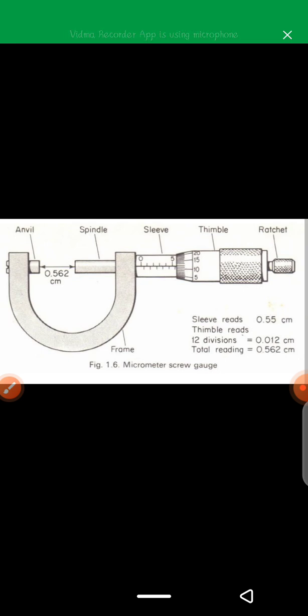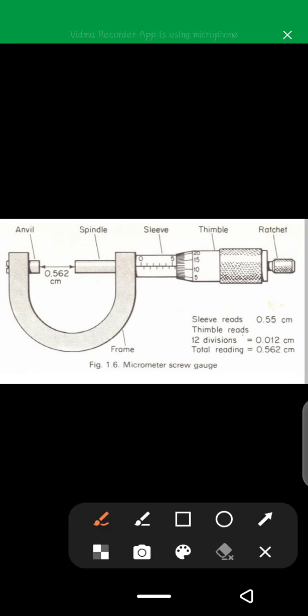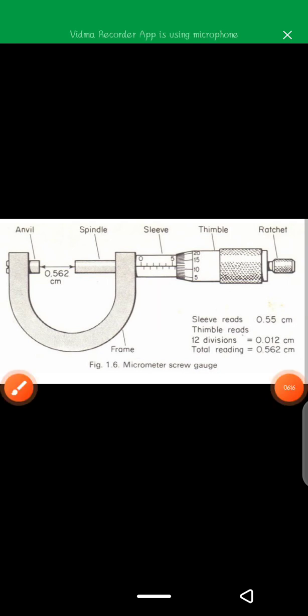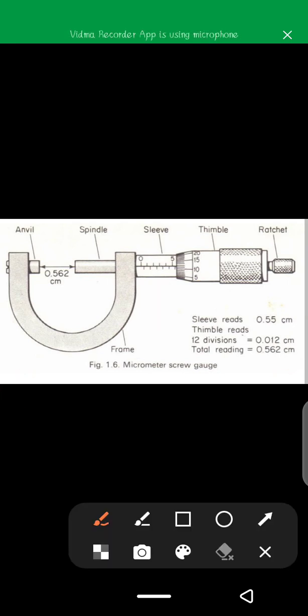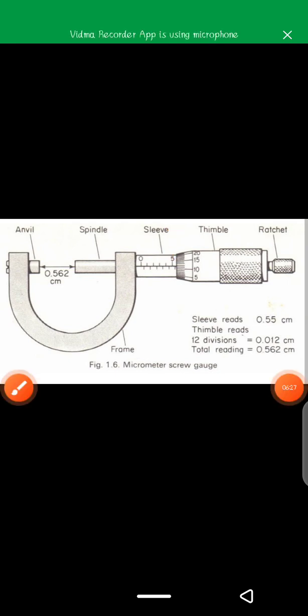In millimeters. So you have 5.5, because here notice that you have your 5 and then you have a small line down below.